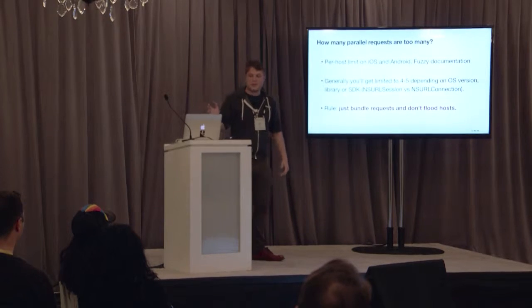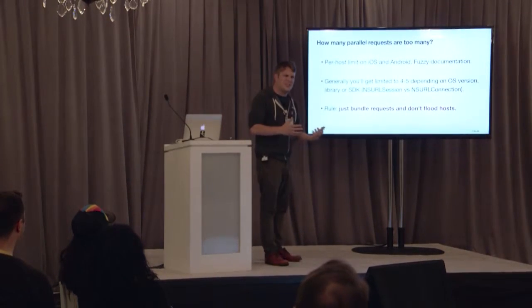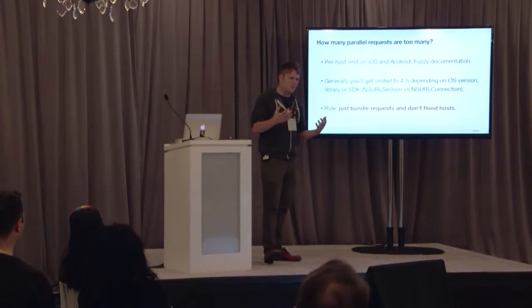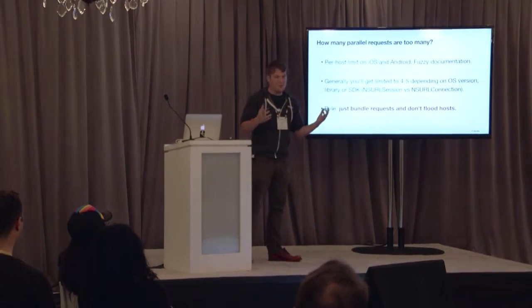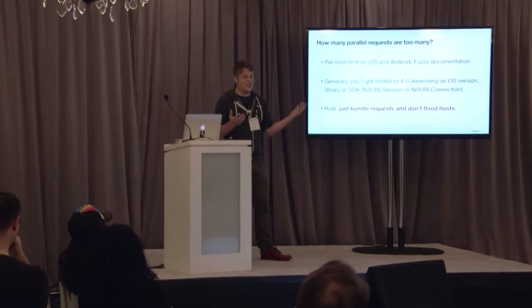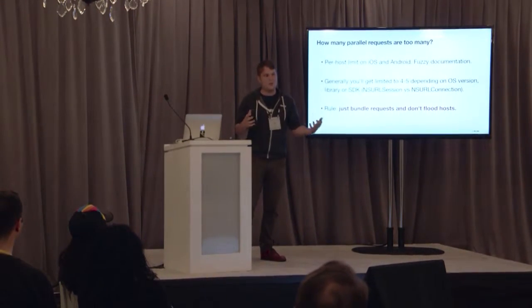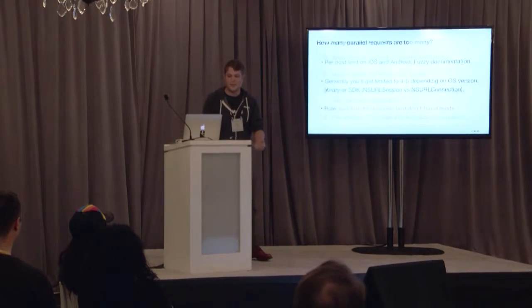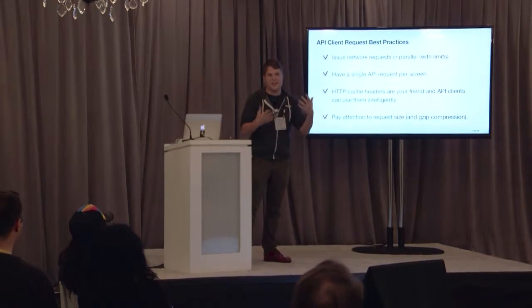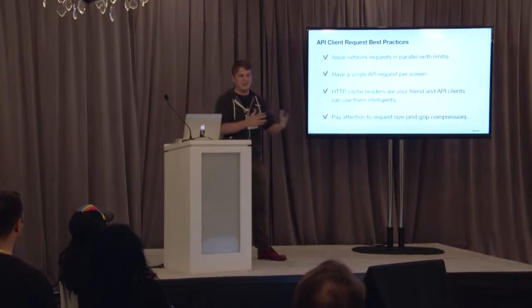The per host limit has incredibly fuzzy documentation, as to what is the maximum number of parallel requests on iOS or Android. It tends to be 4 or 5 per host, depending on the OS version or library. The key practice, though, is to always bundle requests. The ideal, particularly for applications that are rendering a list of data, is to have a single API request per screen, if at all.